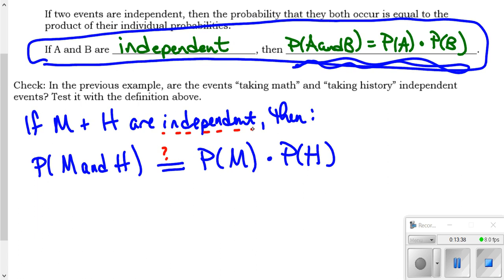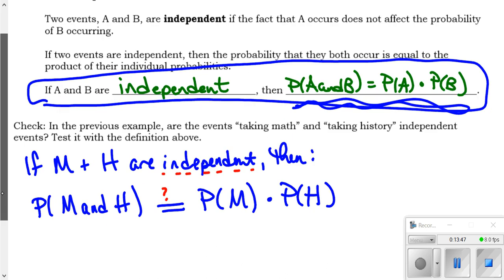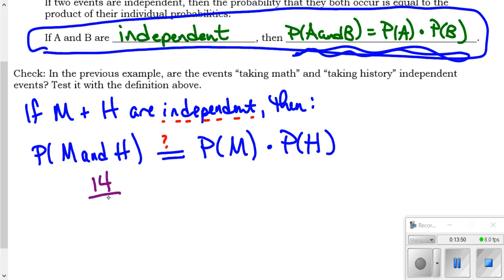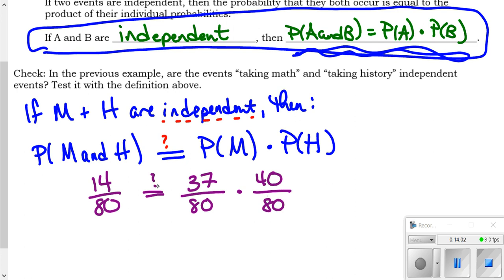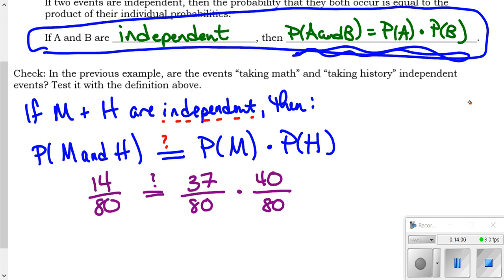But we just found all of these probabilities. So in the last question, the probability of math and history, that was those 14 folks out of the 80. The probability of taking math, there were 37 people out of 80. And the probability of taking history, there were 40 out of 80. So I need to see if this is a true equation or not. So I'd get out my calculator, and this fraction is 0.175.